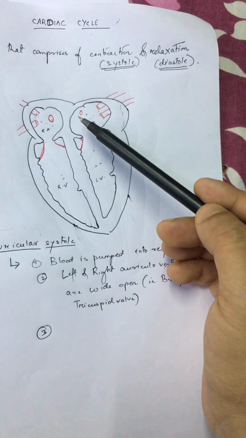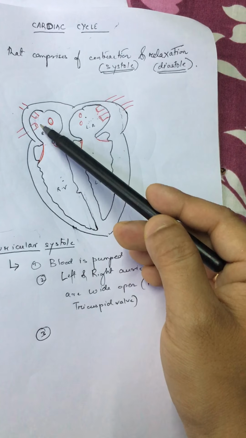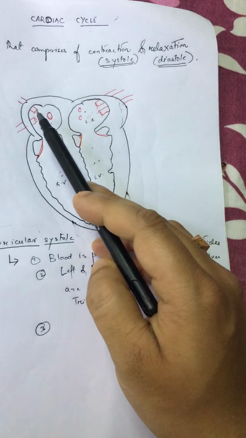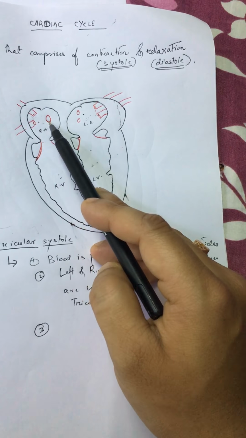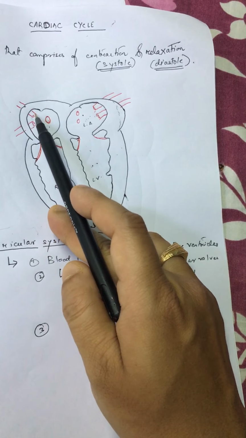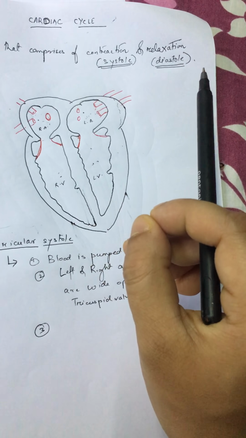So to restrict that movement, the valves of the inferior vena cava and coronary sinus must close, and the opening of the superior vena cava also must close, right?